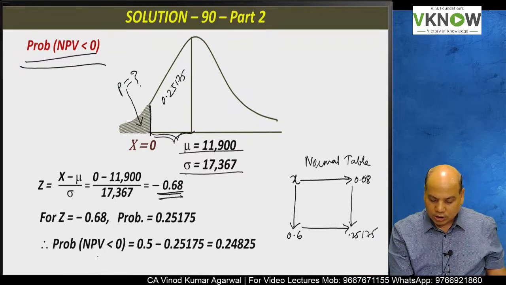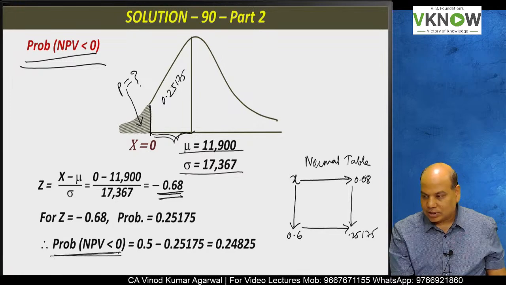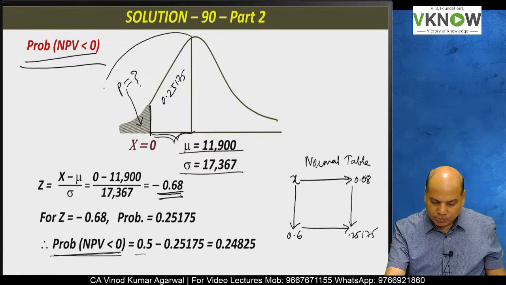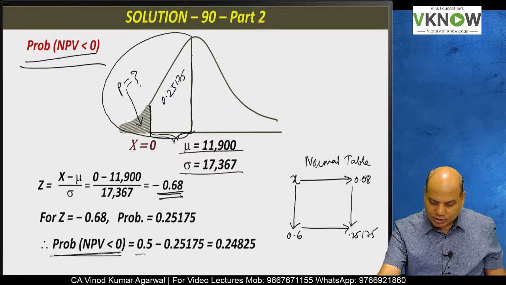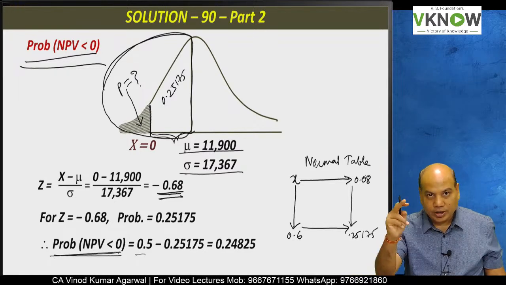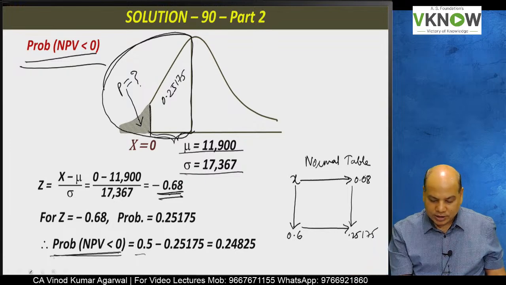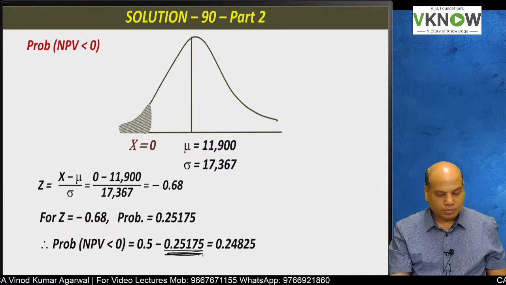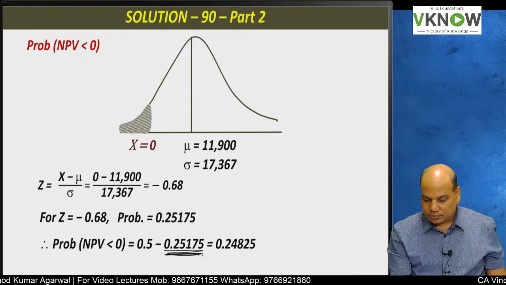Now I am asking you less than 0. Less than 0 will be total probability on the left side of the mean, which is 0.5 minus this number, 0.25175.